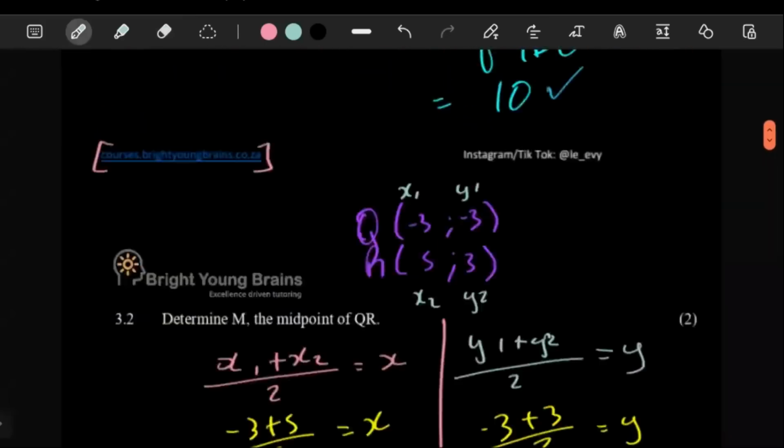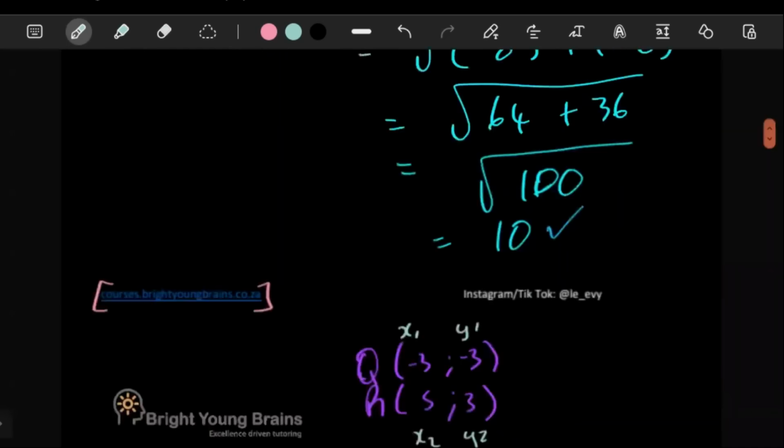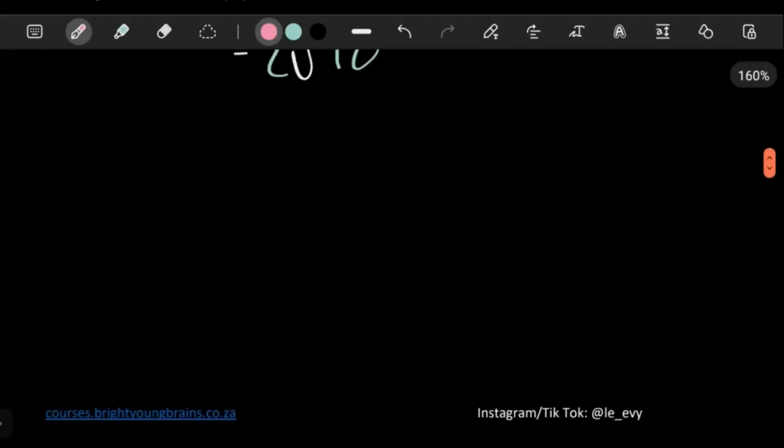So with all these points, right, 2 square root of 10 here, for you to get QPR, you can use the cosine rule, because the cosine rule basically needs you to have all 3 sides for you to get an angle. So the cosine rule, if you're gonna get an angle, you can say the angle.